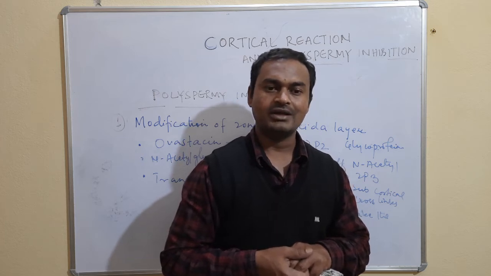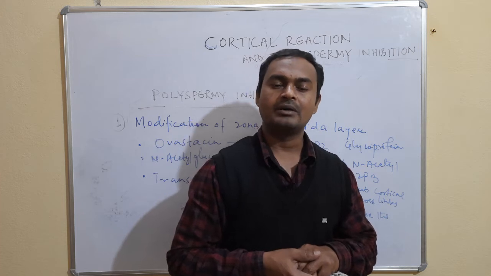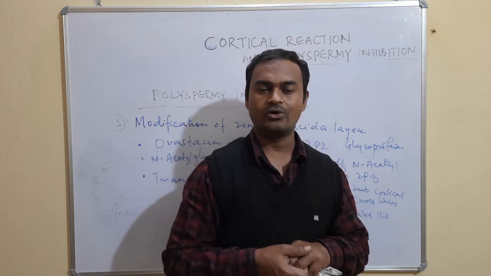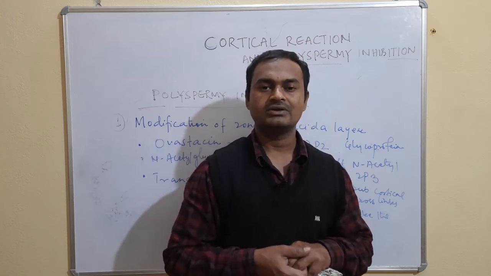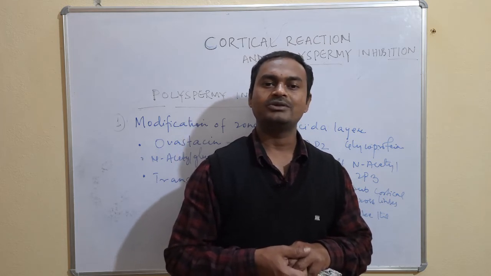In this way, the first type of barrier is created by all these cortical granules. Okay, and in this way the polyspermy could be stopped.